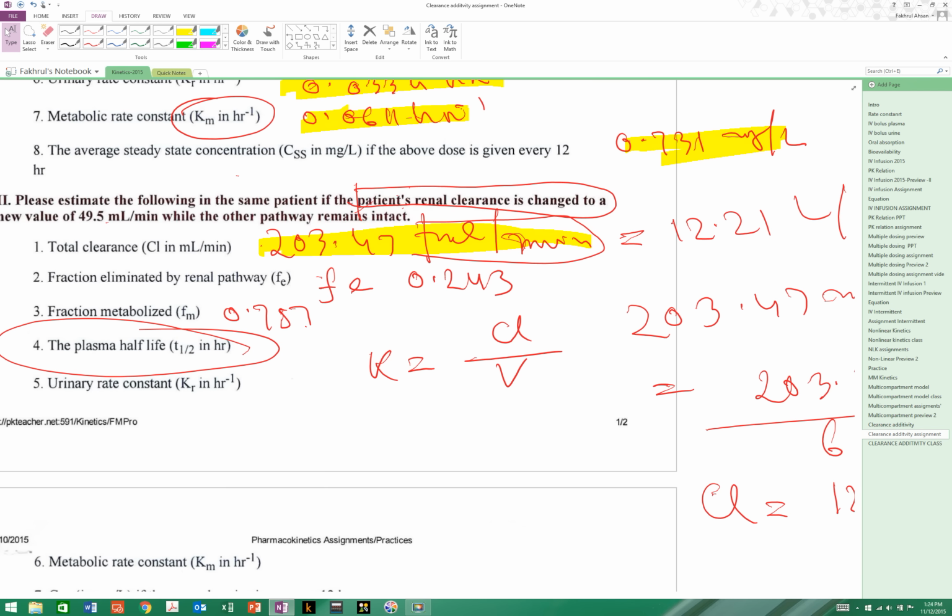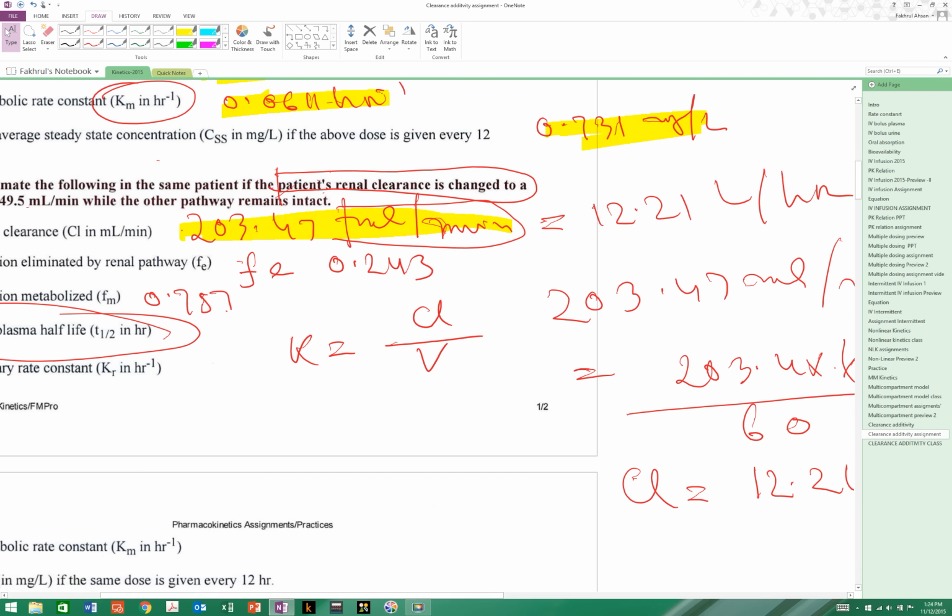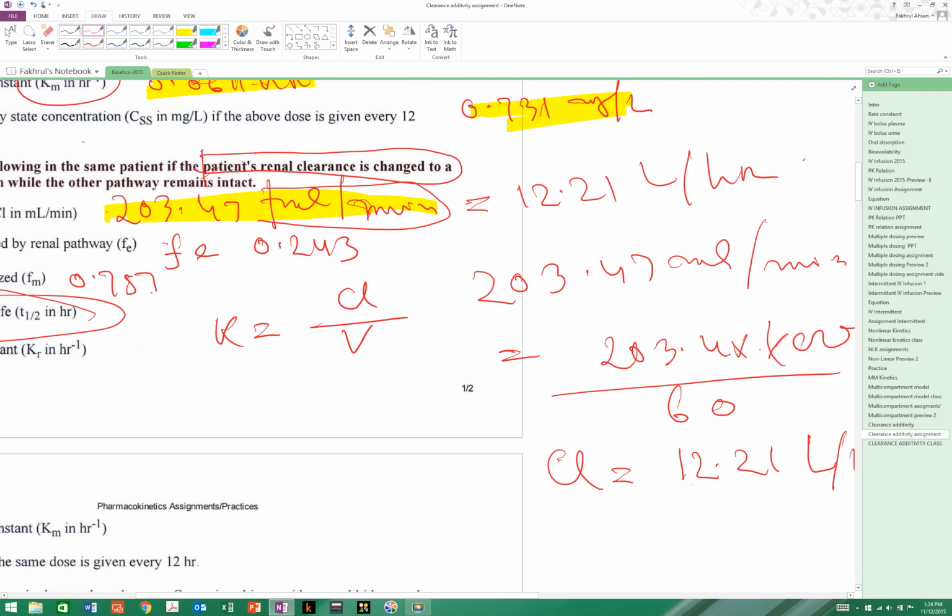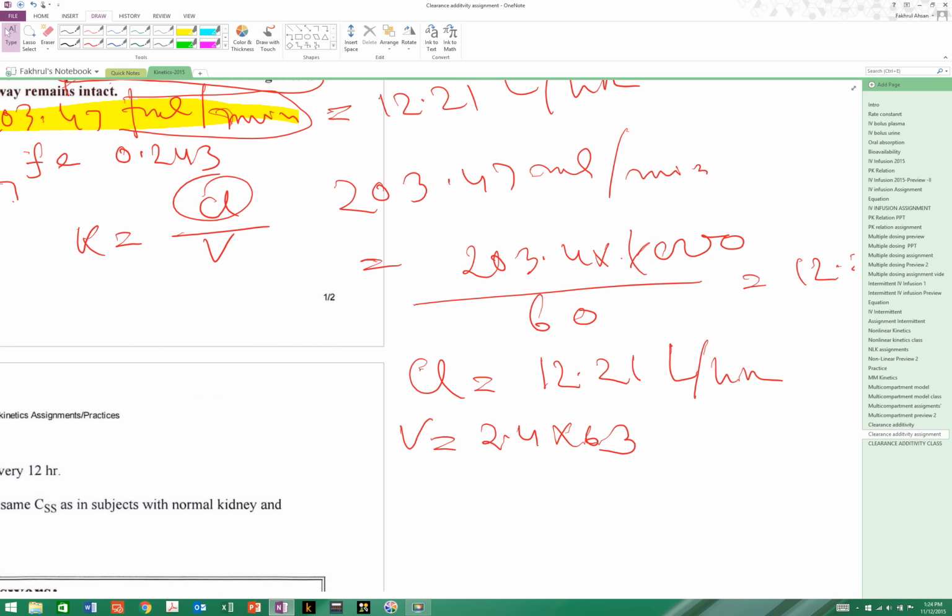Then the volume of distribution, you already know, V is equal to 2.4 times 63, which is going to be 151.2 liter.